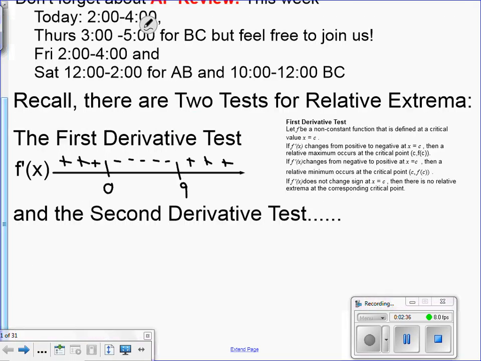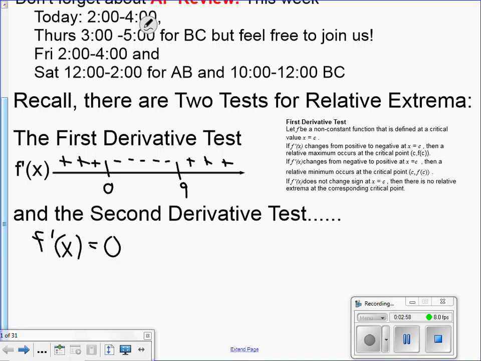Let's see if you remember this. What do you think? Yeah, very nice, Ryan. What you do first is you find out where the first derivative equals 0, because that's where your function has a horizontal tangent.